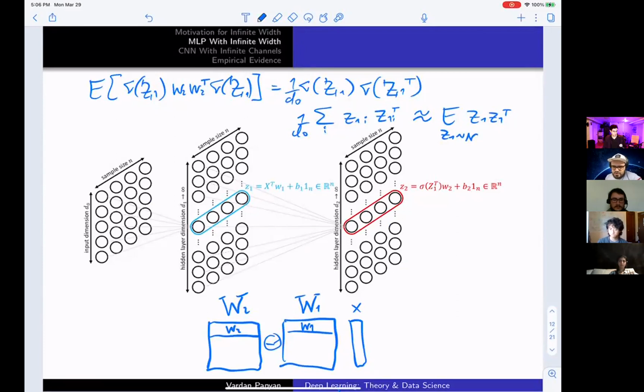Jack is asking, should the expectation be an integral? My expectations are always integral, so I'm not sure I understand the question. Yeah, so it's an integral.